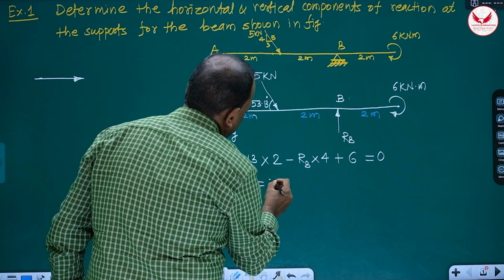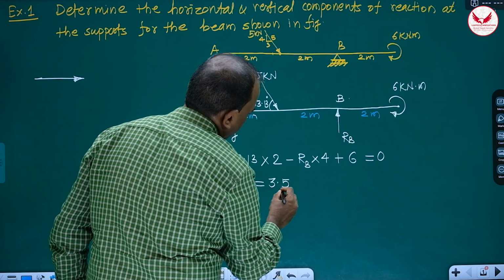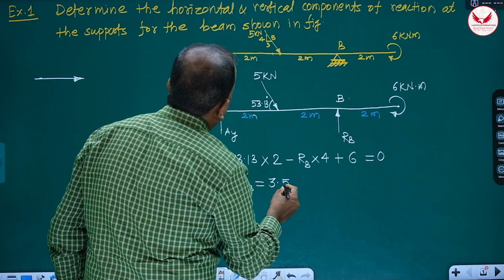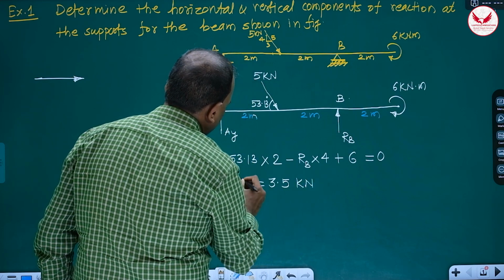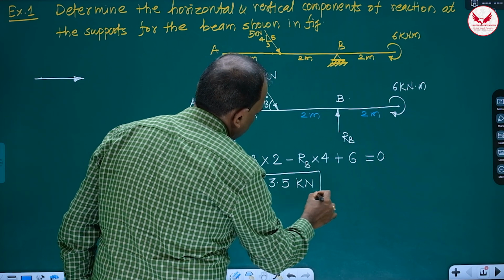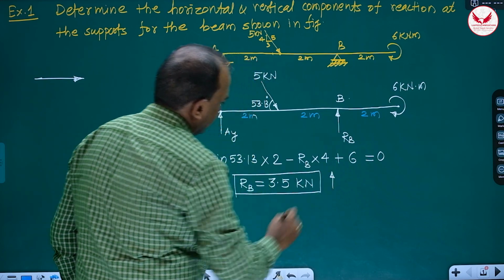So this RB is 3.5 kilonewton and it is upward only. You can show this direction.